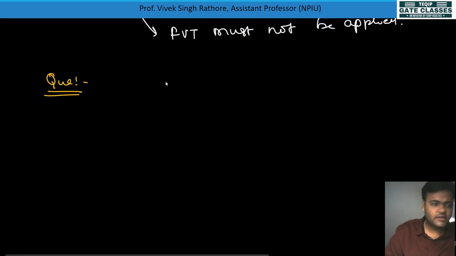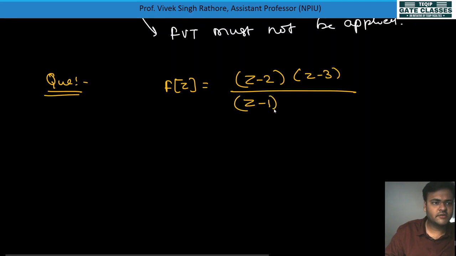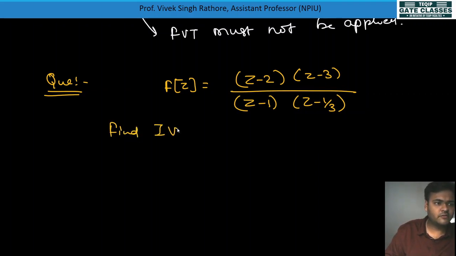The question is that, F of z is given, let's suppose z minus 2 over z minus 3 is given, z minus 1 over z minus 1 by 3 is given. Okay, now you need to calculate the initial value and the final value by using the theorem.